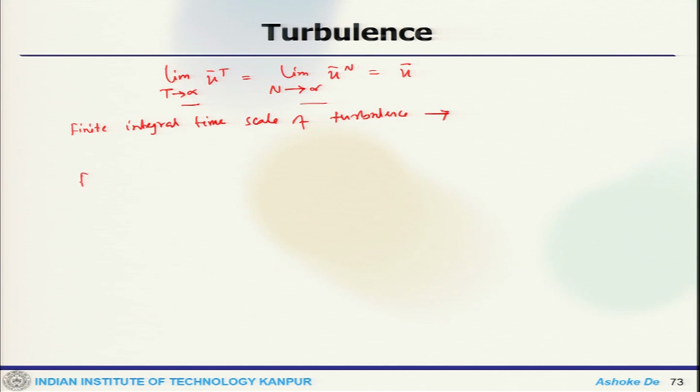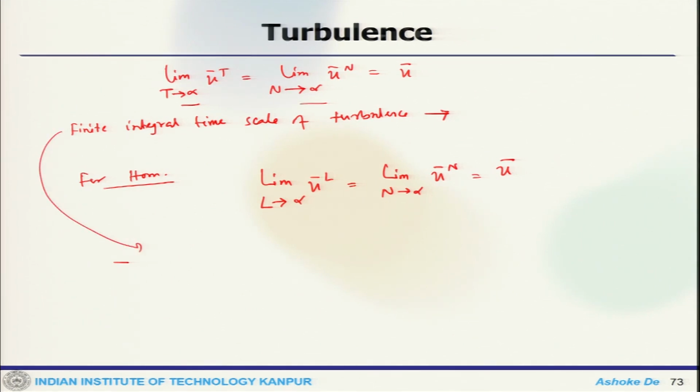Now, for a homogeneous process, we can have this limit where line averaging becomes similar to ensemble averaging. Here, with the finite integral length scale of turbulence, the turbulent fluctuations are uncorrelated over sufficiently long distance.